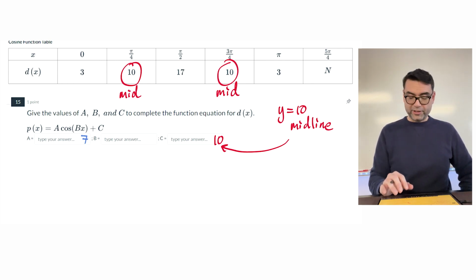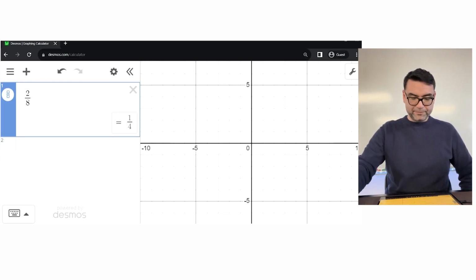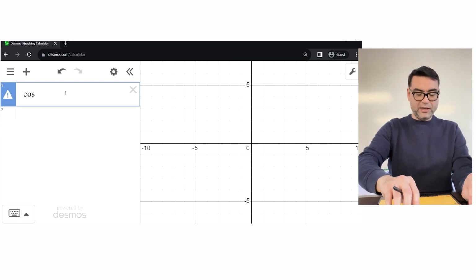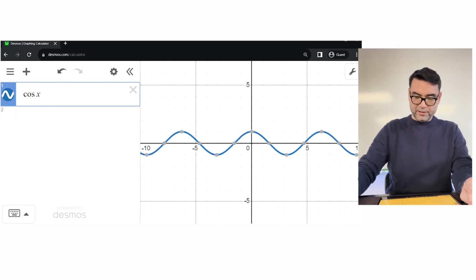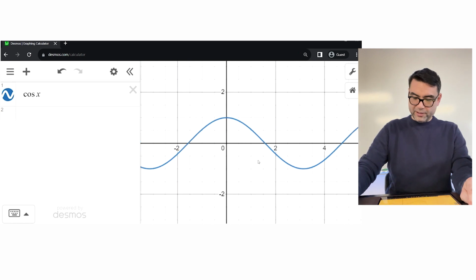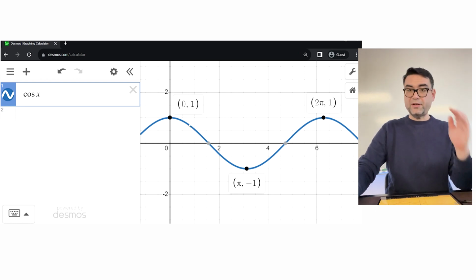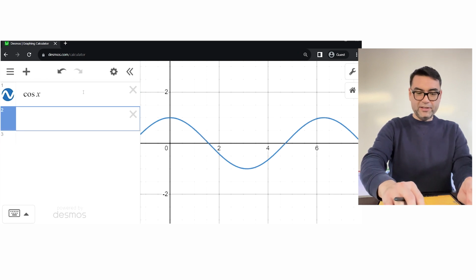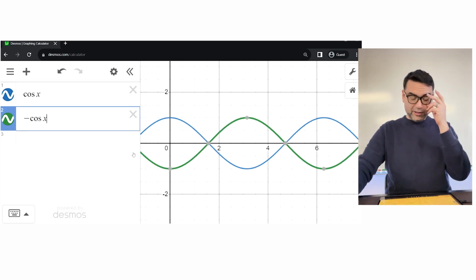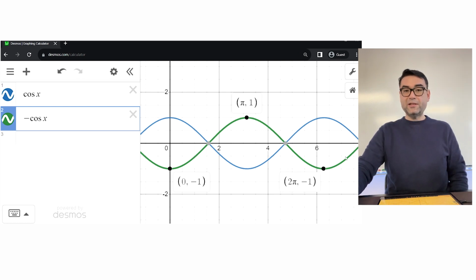So I'm going to illustrate this using Desmos. If you hop on Desmos and type in cosine x, I'll zoom in here, you'll see that cosine starts at the max, comes down to the min, then back to the max. So it starts at the top, goes to the bottom, back to the top. But if I also graph alongside this negative cosine x, what you'll notice in this green graph is that negative cosine x flips this vertical pattern.